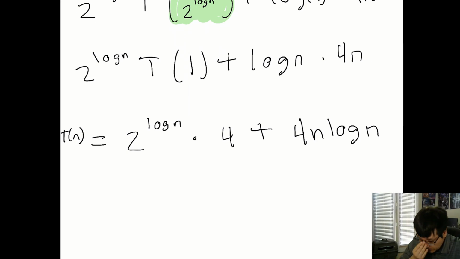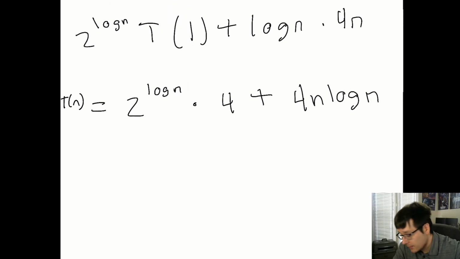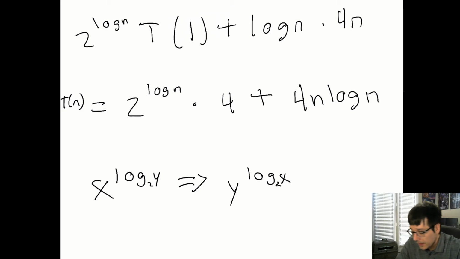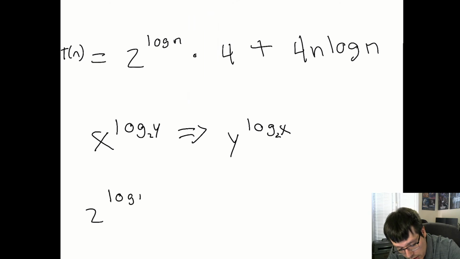Very cool. Now this is where even I would probably have to remember my logs if I wasn't fresh with it, right? There is a property that I showed you that says that if we have something like x log y, you can flip that and say y log x, as long as it's the same base, right? Because of that property, I can take 2 to the log of n and do n log 2.